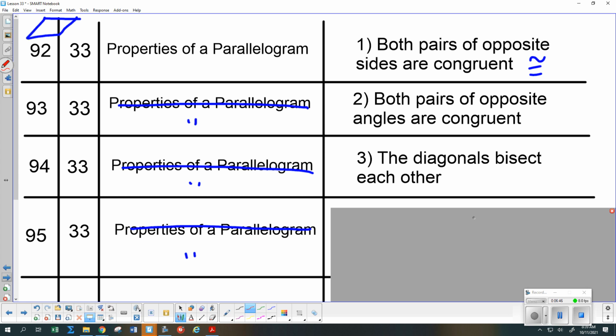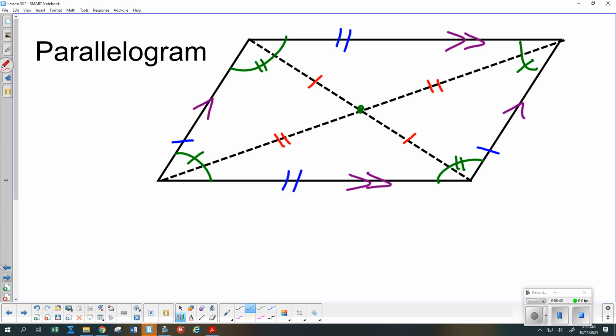And the last property for the parallelograms comes from, if I were to think about these lines going farther, that top green one with 2 tick marks would be a corresponding angle to the one that I just drew, right?